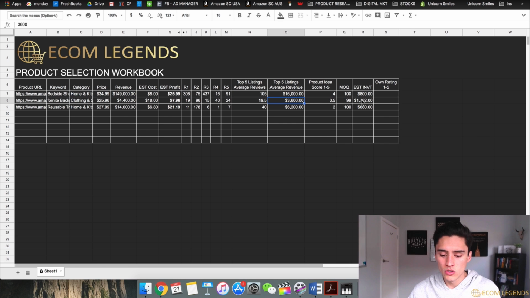Just look at this. We're now able to see what our estimated investment is for Fortnite. We're seeing that this one is the one with the highest estimated investment. So we're okay, you know what I mean? Is it worth it? Then we go and we see that the top 5 listings average revenue is only 3,600. So we're able to place our product in the top 5, but within the top 5, we're really not going to be making a lot of money.